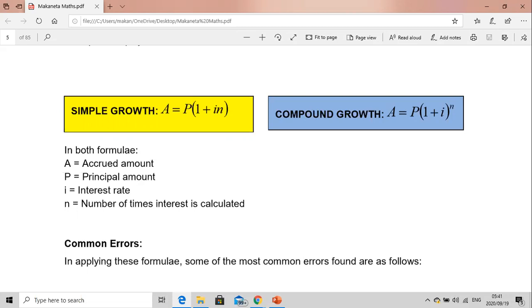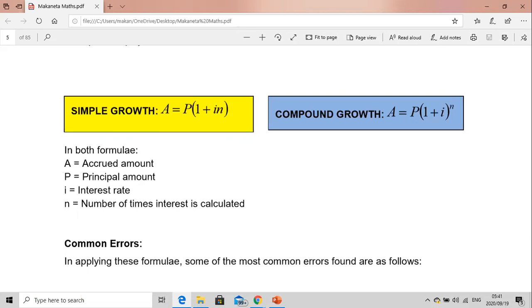But then again, we looked at the daily. When interest is calculated daily, we know that a year consists of 365 days under normal circumstances. And so if you are doing it for 2 years, for instance, and you have to calculate it on a daily basis, then this simply means you will have to multiply your 365 by 2.